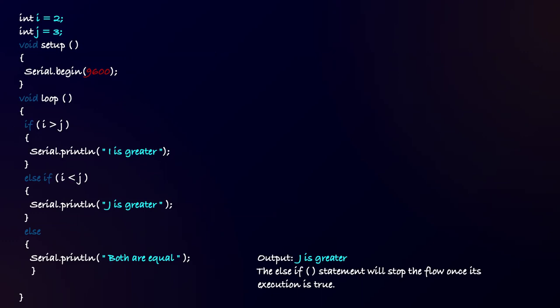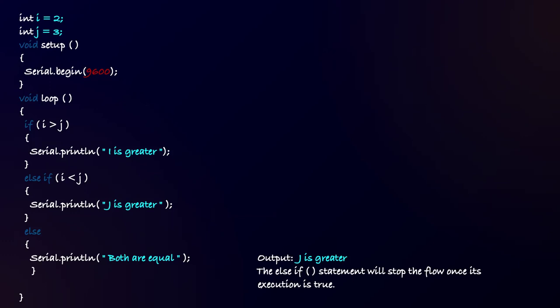See, this is exactly what I was saying in the previous code. For i is greater, there is one condition. For j is greater, there should be a condition. It's there. And finally, if both are equal, then there should be a condition. That is also there. We can shuffle between these.